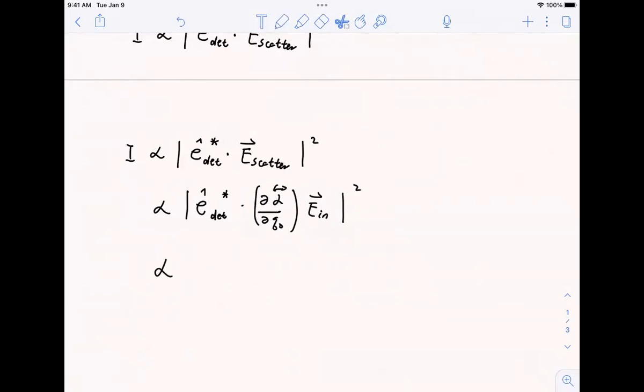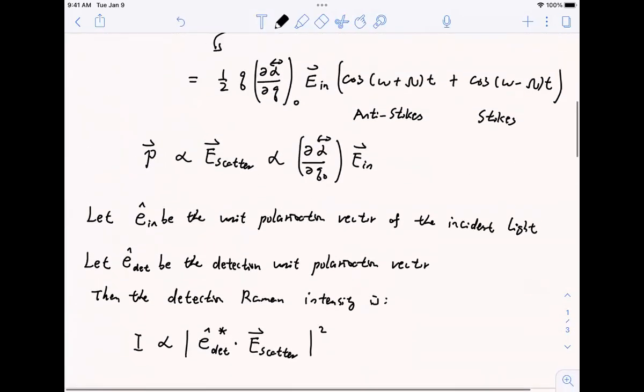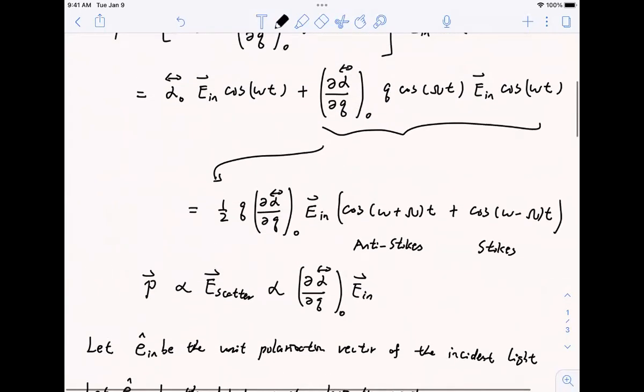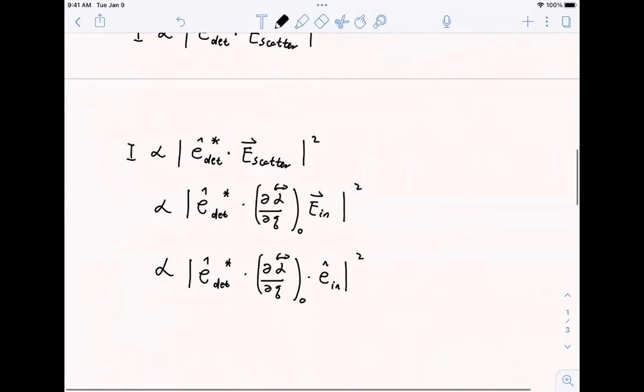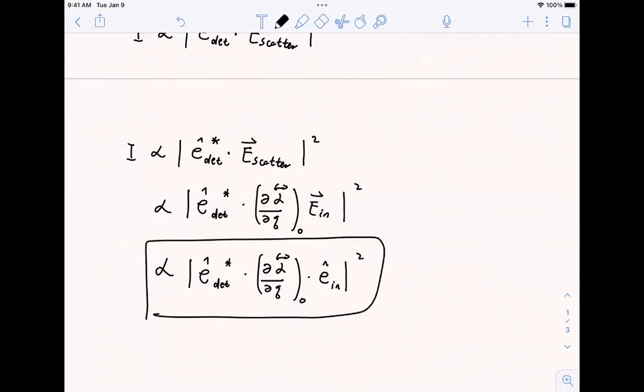Of course, eventually, if you don't care about the intensity of the incident light, you can just move the E incident zero out of the bracket. Okay, so that is what we're going to consider in this lecture.